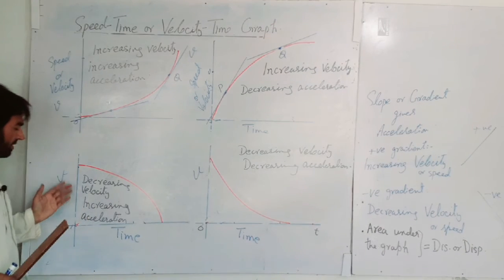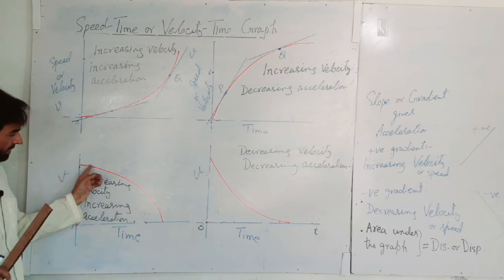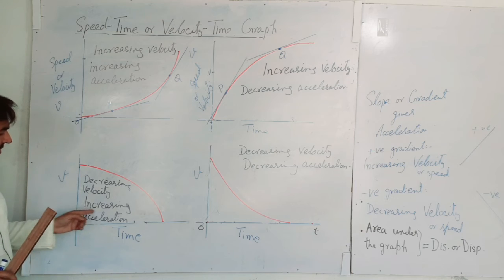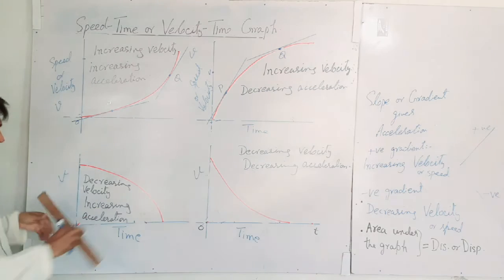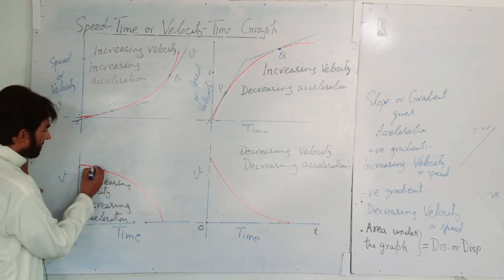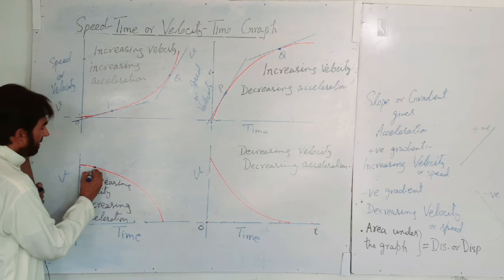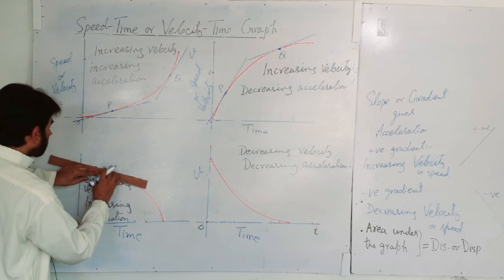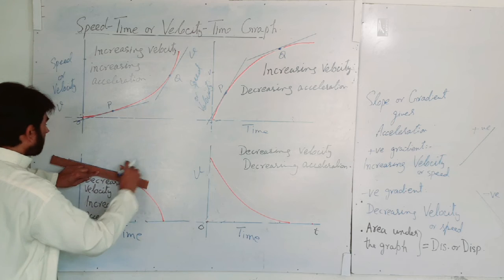Now let us consider this also. Here you can see that the velocity is decreasing but acceleration is increasing. How is it increasing? Again let us consider a point P here. At P I am drawing a tangent. Now you can observe this tangent.